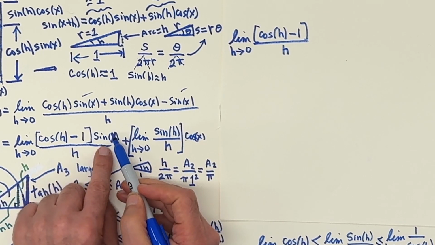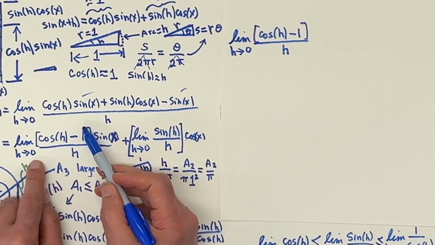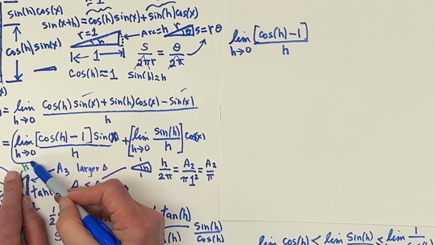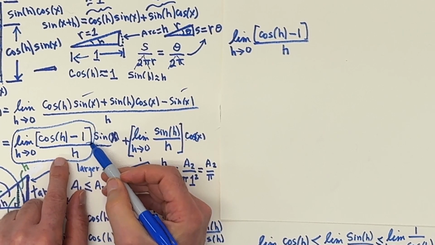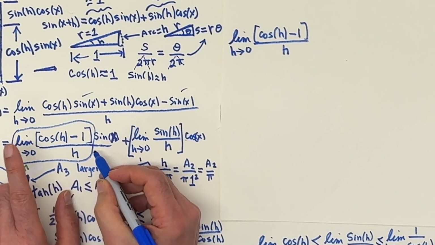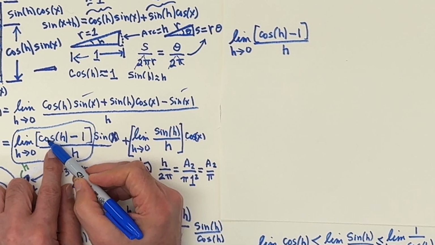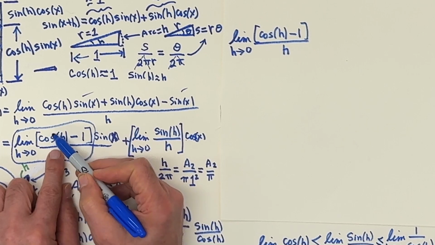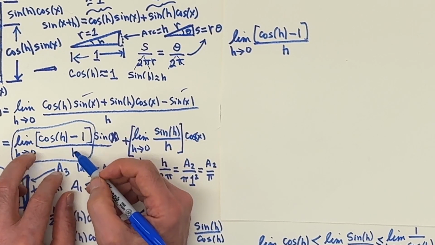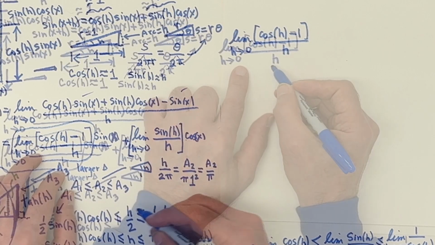And since the sine of x is independent, we're going to just work on this part here, and to show more rigorously that that's going to be 0, rather than just say, since the cosine of h is approximately 1 when h is small, then 1 minus 1 is 0, we're going to do it a little more rigorously.